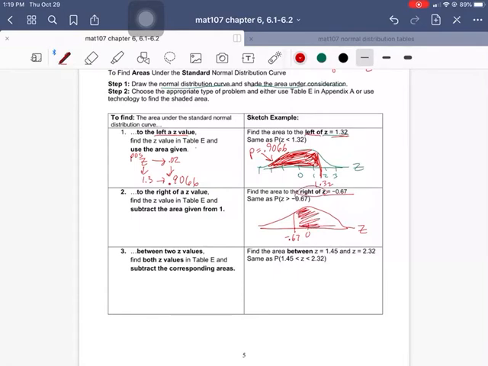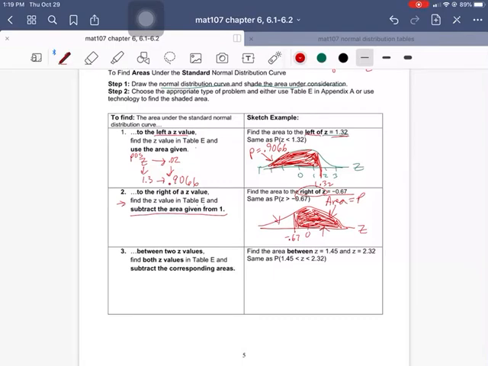So this is all this in here, and we want to know how much area, which I, as a habit, call probability of your score being up here, is this whole area up here to the right. Okay, so to the right, you're going to find the z-value in the table and subtract it from 1. Because basically you're looking up this area in the table, and when you subtract it from 1, you'll get this side, because the whole area equals 1.